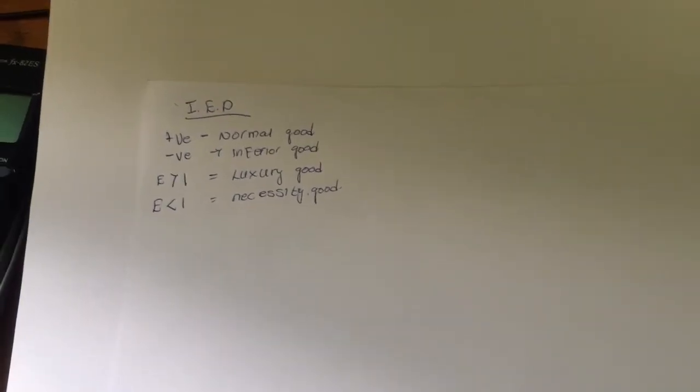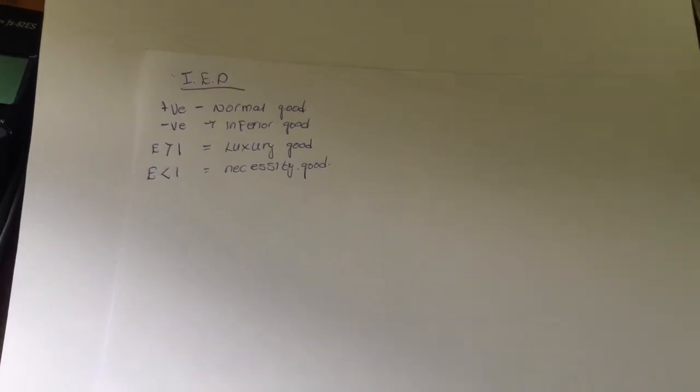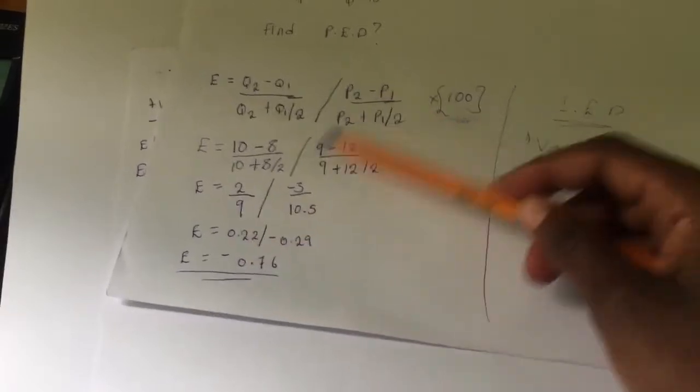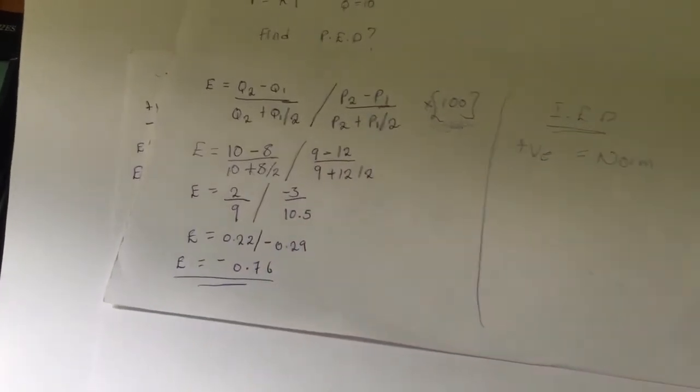So to talk a little bit more about income elasticity of demand, after calculating your answer, let's say in this case, the answer we calculated, though this is price elasticity of demand.